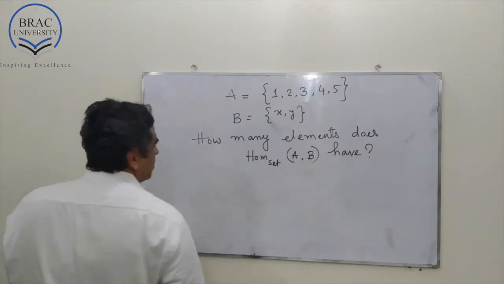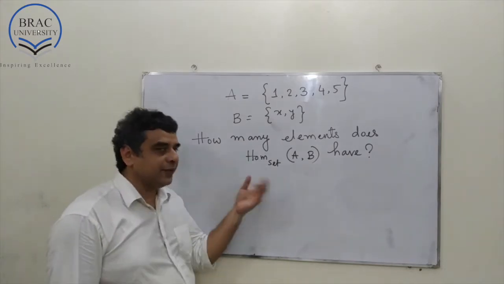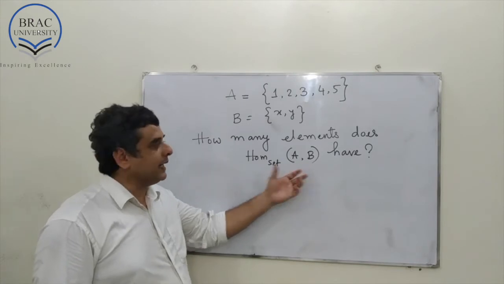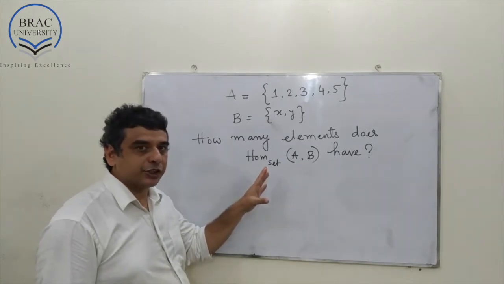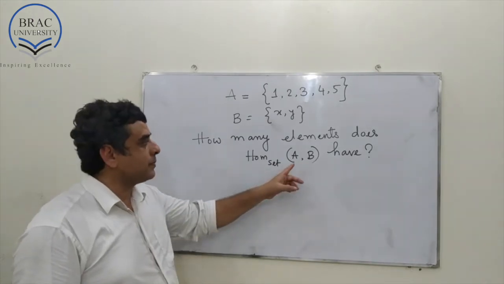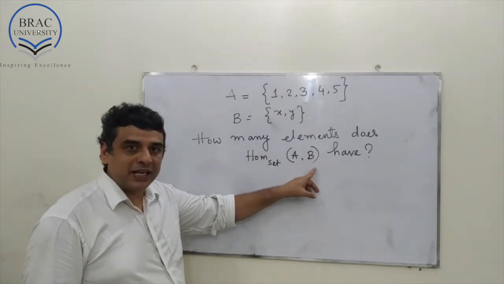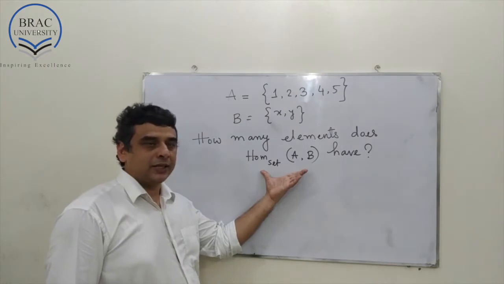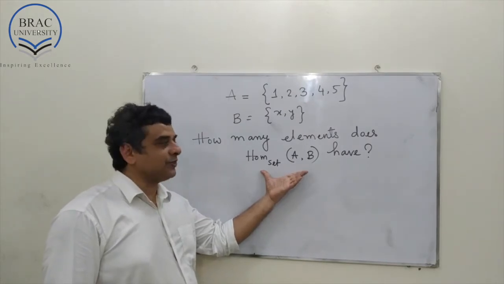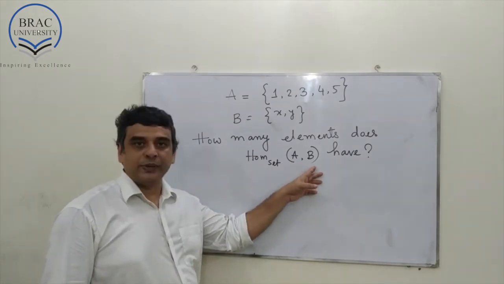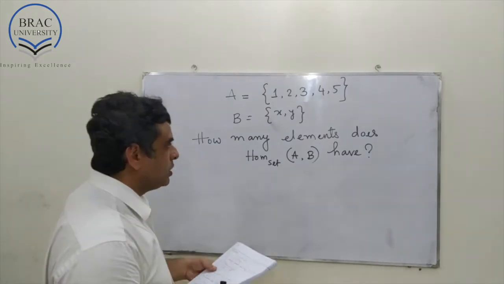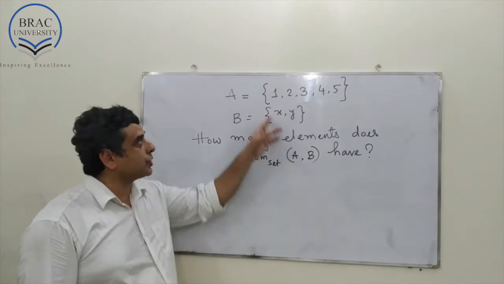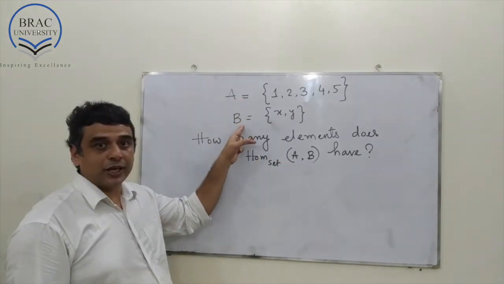Recall that by definition, Hom(A, B) is the set of all functions from the set A to the set B. So the elements of this set are precisely functions from A to B. Now the question is, how many functions can we construct from the set A to the set B?